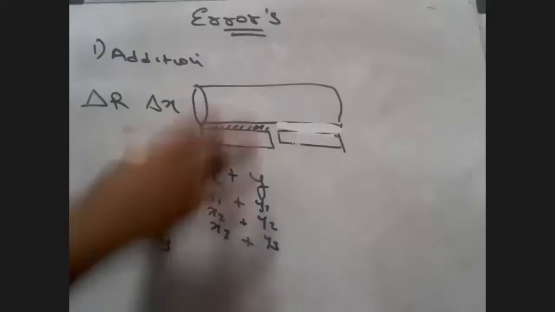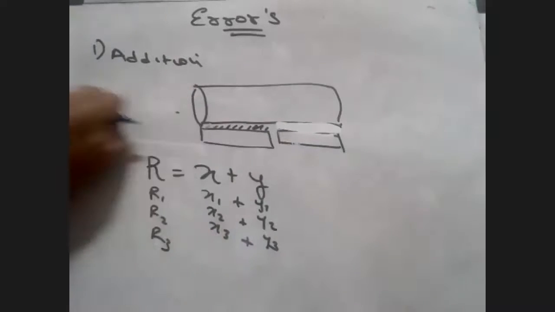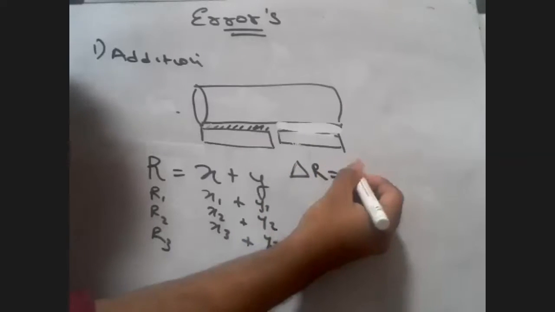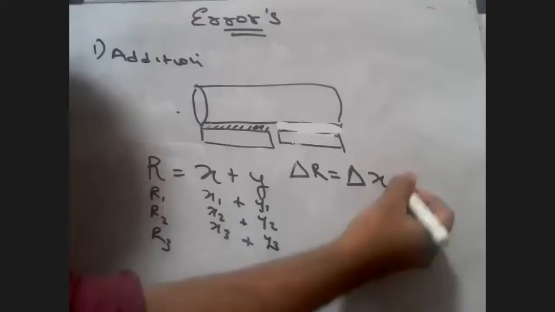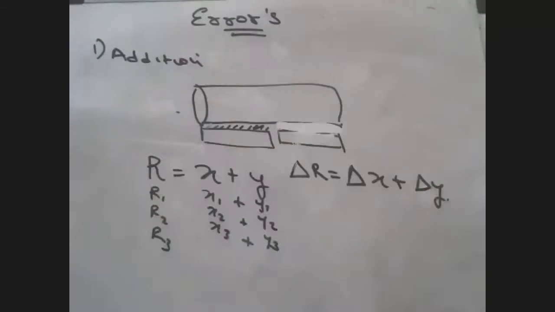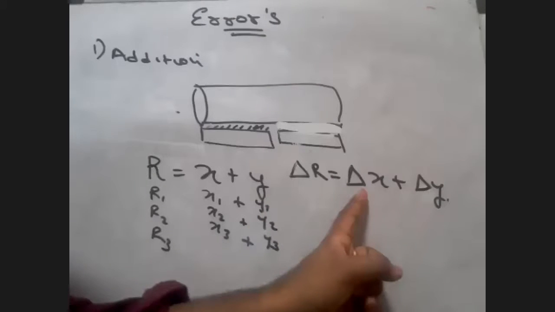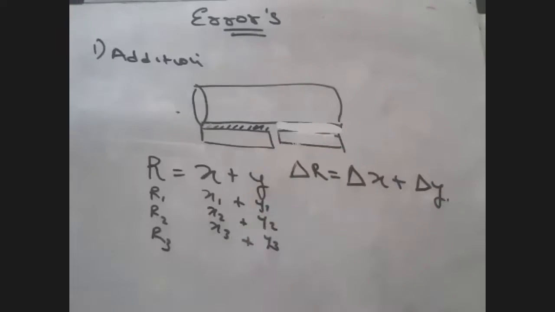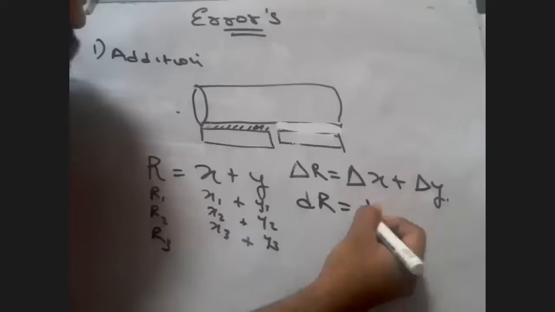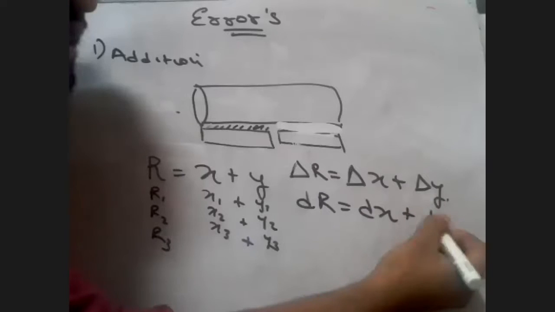So right now, with the help of these results, I can say that the change in my result will be the change in the x measurement plus the change in the y measurement. Students, listen to me carefully. This can also be mathematically represented as dr is equal to dx plus dy.